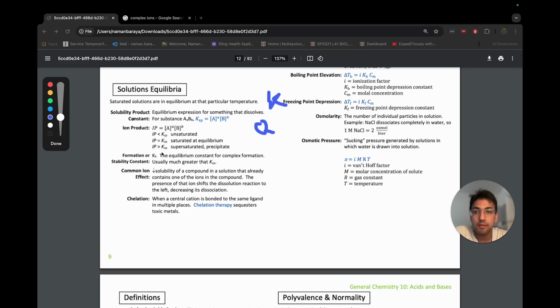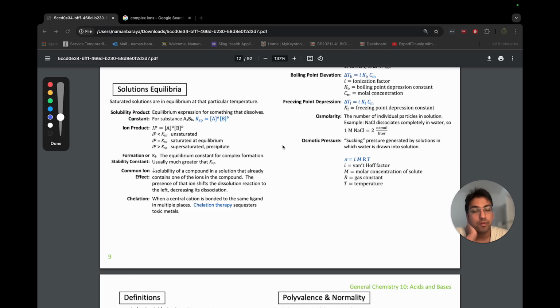Ion product describes where the solution is right now, and KSP describes where the solution is at equilibrium. If IP is less than KSP, the solution can handle more solute. If IP is equal to KSP, the solution is saturated. And if IP is greater than KSP, there's going to be a precipitate.